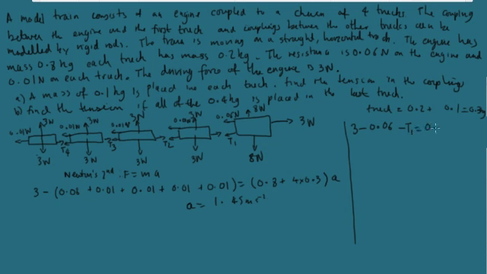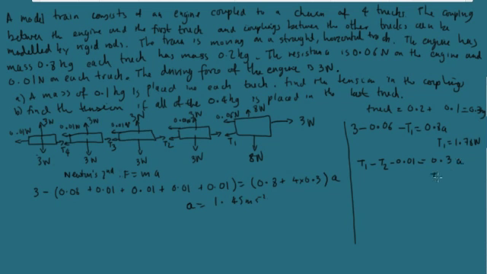So for our second truck, we have T1 coming in this direction minus T2 in that direction minus 0.01 in that direction, and that is going to be equal to 0.3, the mass, times A, which we've already worked out.